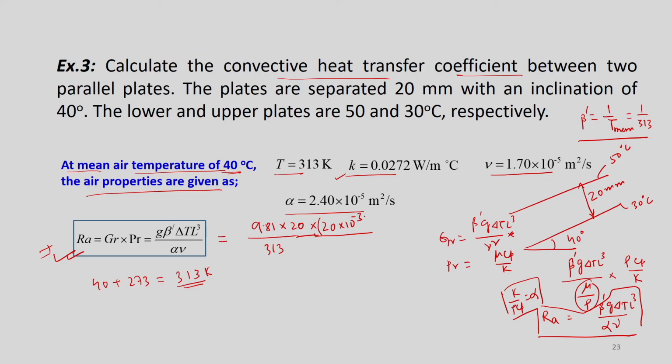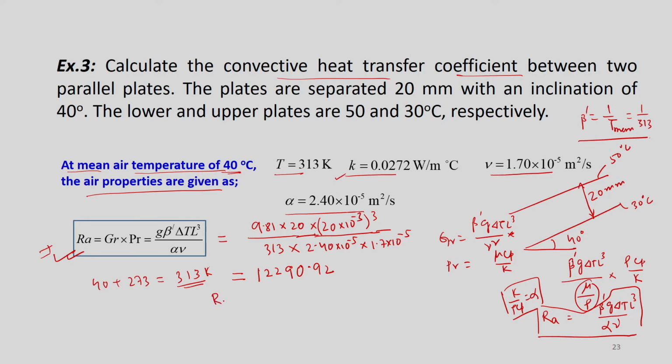We have alpha as 2.40 into 10 to the power of minus 5 and nu as 1.7 into 10 to the power of minus 5. If we do the calculation, this Ra will be 12290.92.